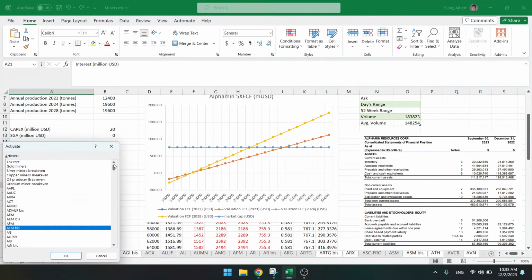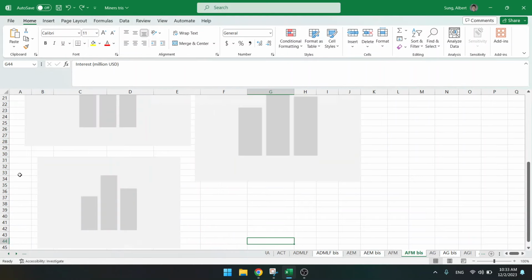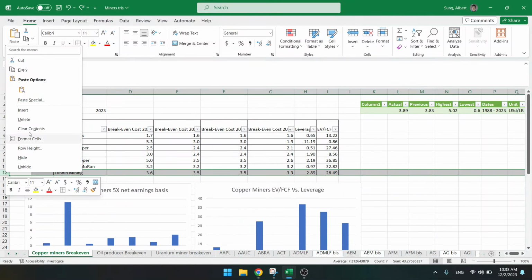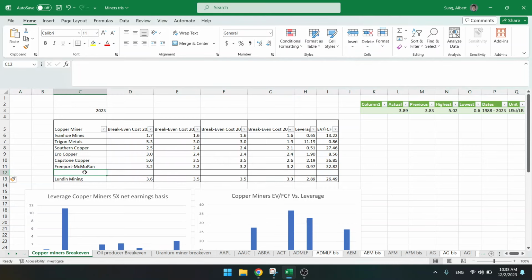Okay, let's put these numbers into my copper miner chart. I will put this here. There are not a lot of tin miners, so let's put Alphamin on the copper miners.